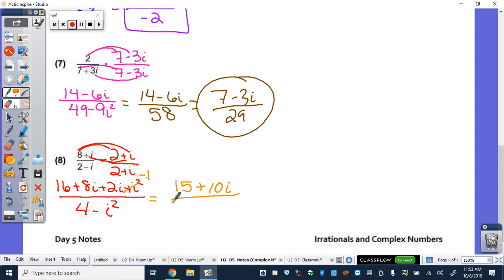So then in our denominator, this i squared turns into a negative 1, so I'm subtracting a negative 1, which really means I'm doing what? Adding, so it becomes a 5 down there. So you can divide each of those by that 5. So 15 divided by 5 gives me 3. 10i divided by 5 gives me 2i.